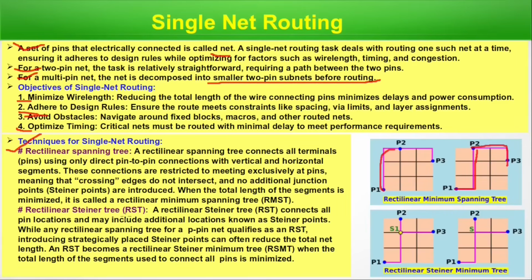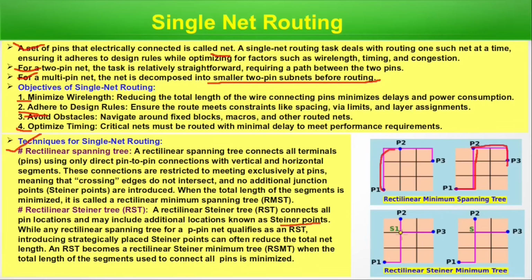And the rectilinear Steiner tree, that is RST, is a little bit different. A rectilinear Steiner tree connects all pin locations, and may include additional locations called Steiner points, this one. While any rectilinear spanning tree for a P net qualifies as an RST, introducing strategically placed Steiner points can often reduce the total net length, and the RST becomes a rectilinear Steiner minimum tree, that is RSMT, when the total length of the segments used to connect all pins is minimized.